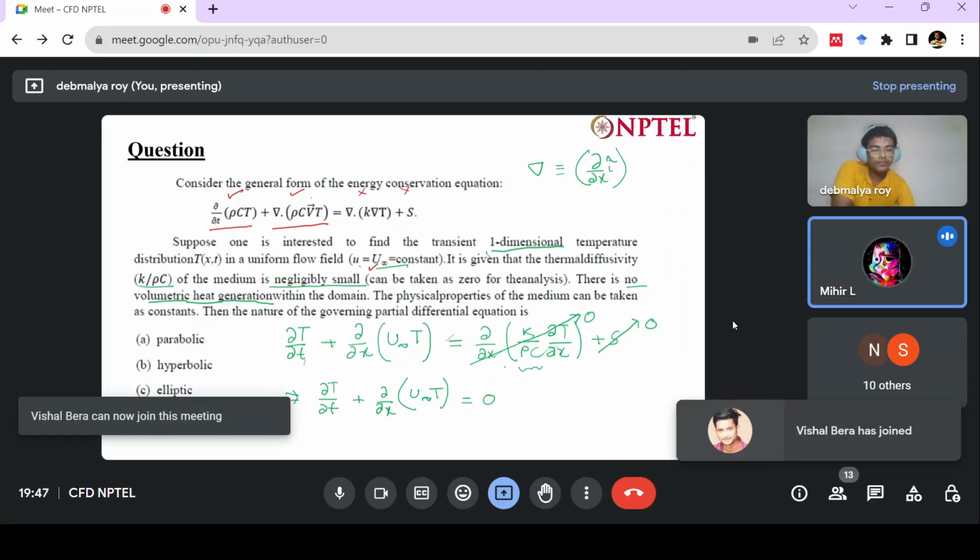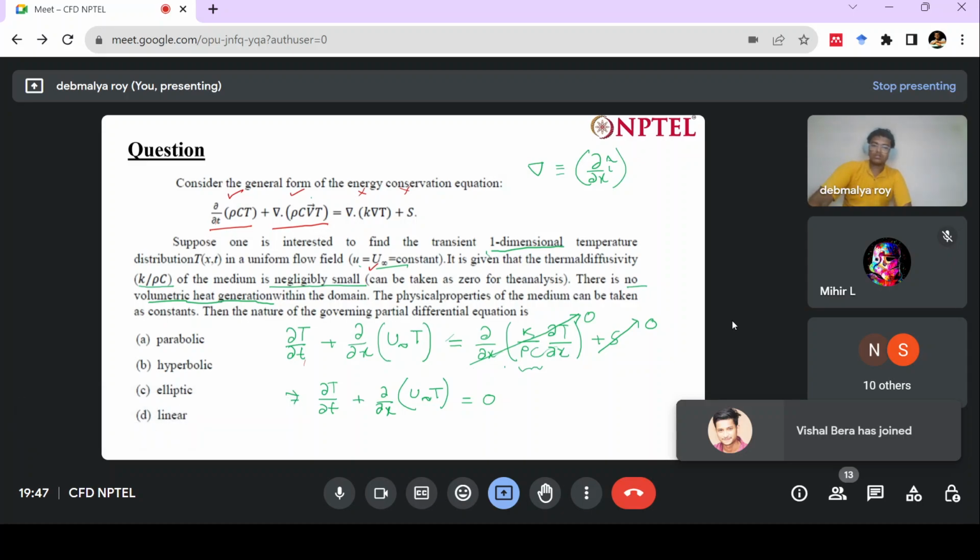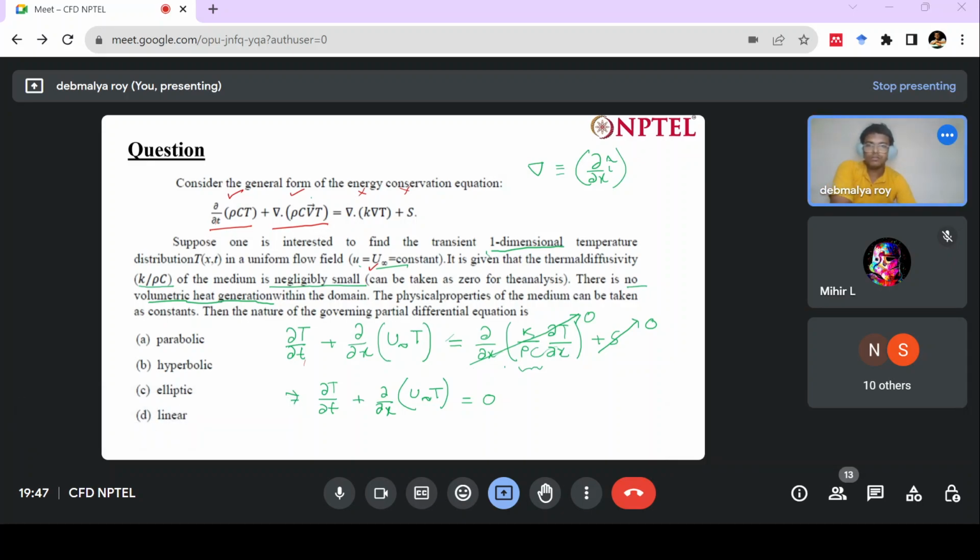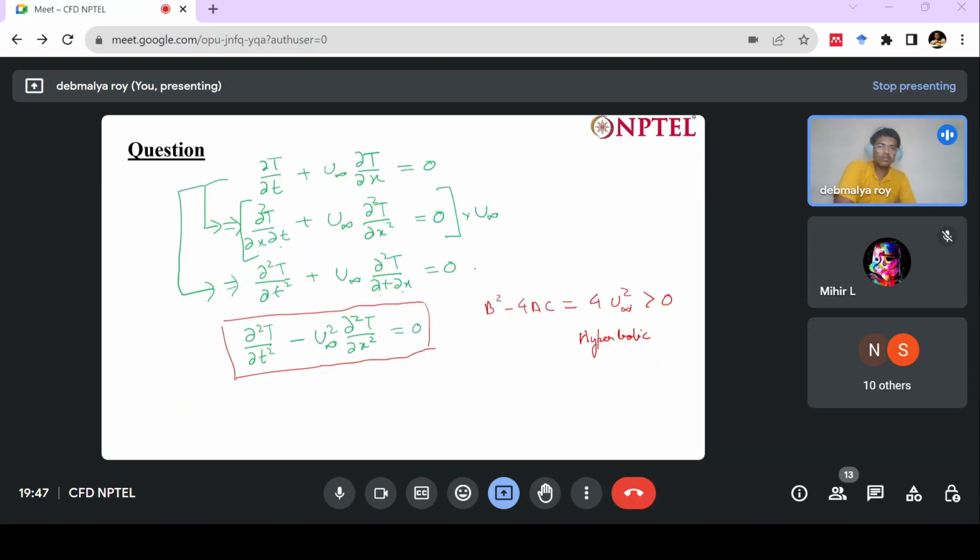What does the infinite subscript indicate? Okay, so I'll tell you. Generally, let's suppose we solve this kind of equation in fluid mechanics. There is a background, far field flow. I will try to explain this. Let's suppose some ball is there, and near this we are trying to find out some temperature.